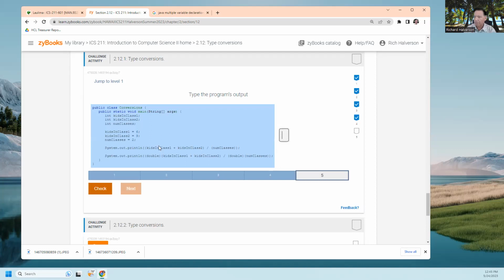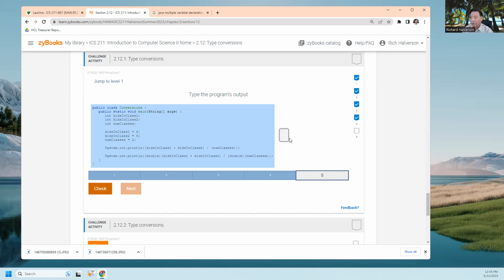Okay, here we've got these integers, and we do this calculation, and then we print out something. So let's print out the first one. Kids in, okay, so we're going to add the 2. Okay, so we're finding the average. So 9 plus 6 is 15, divided by 2 is 7.5.